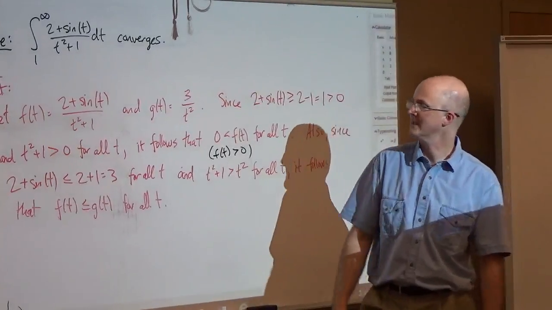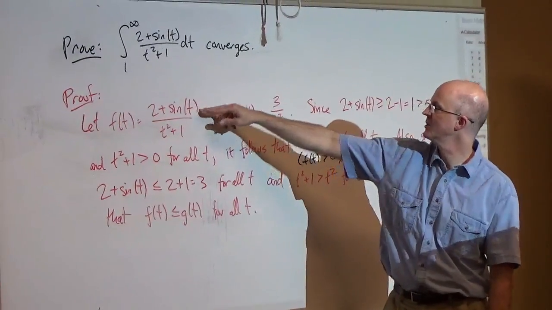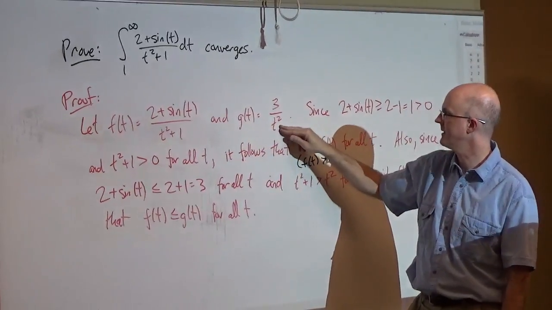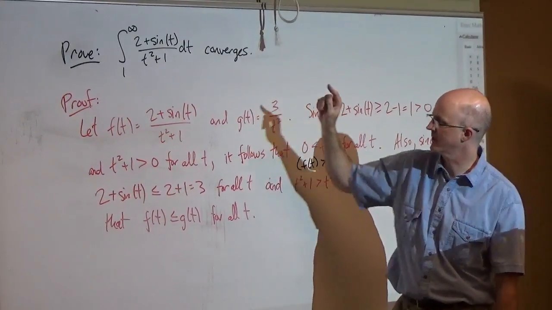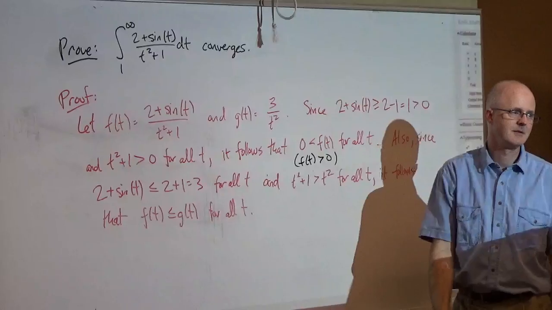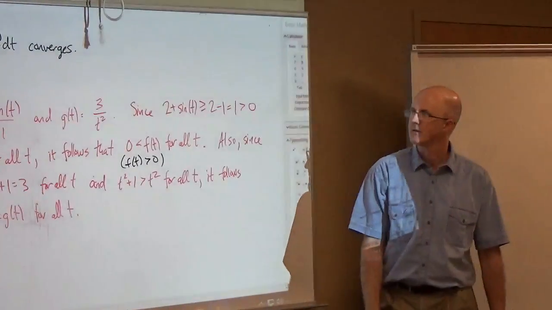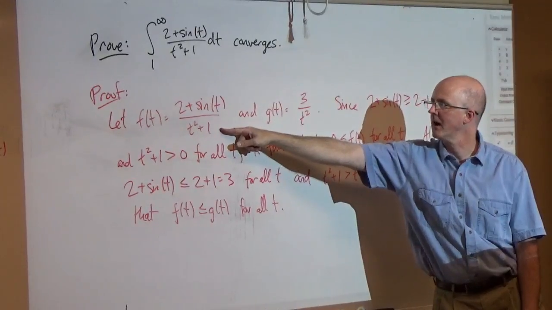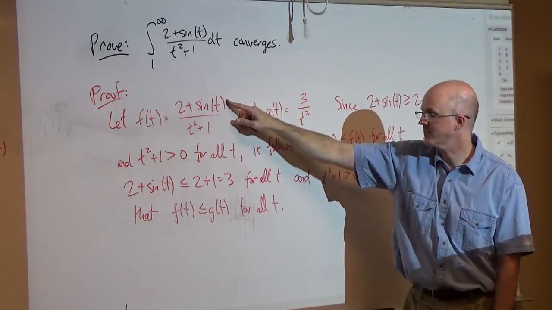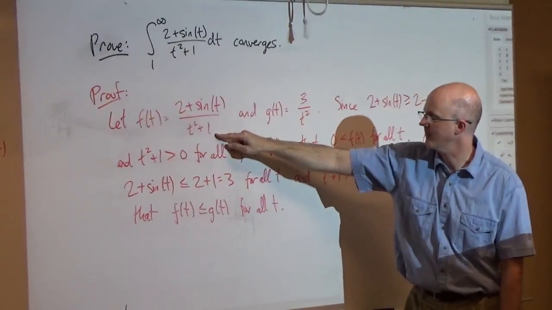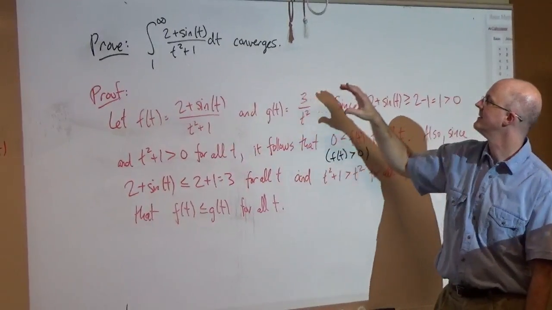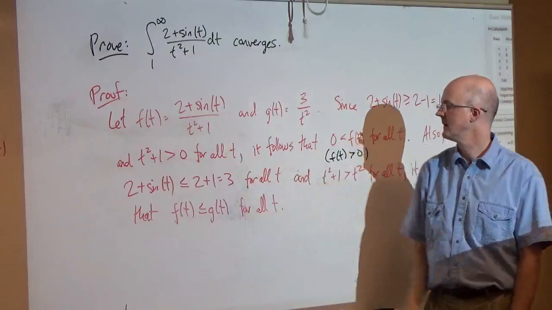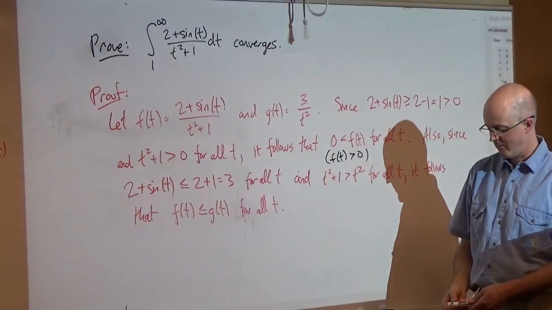So in both respects, the numerator is less than that one, and the denominator is greater than that one, so this fraction is going to be smaller than that fraction for all t. You've got a smaller number up top, and a bigger number at the bottom for any fixed t. So this has got to be less than that. Almost done.